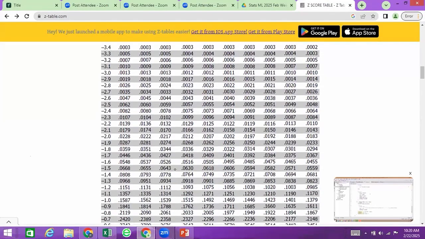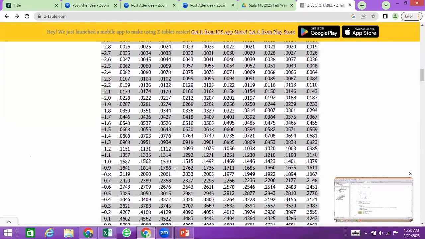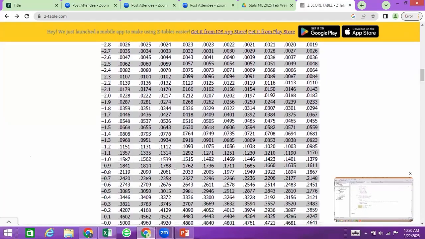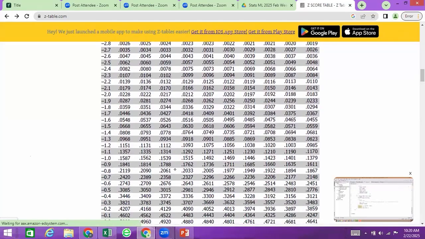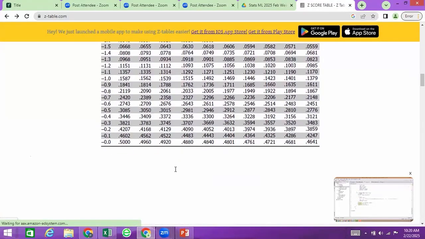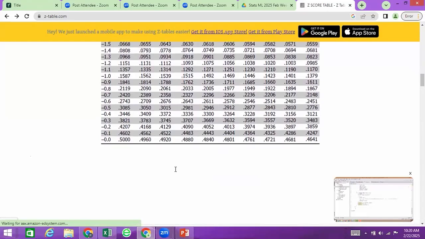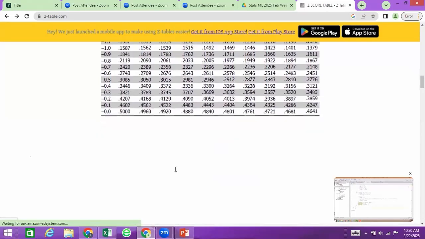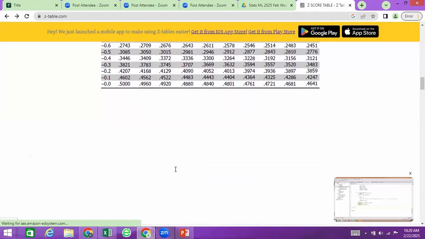I'll scroll down. I told you, there's a different table for positive values. Just scroll down. Or maybe scroll up, I believe. Where is the table?